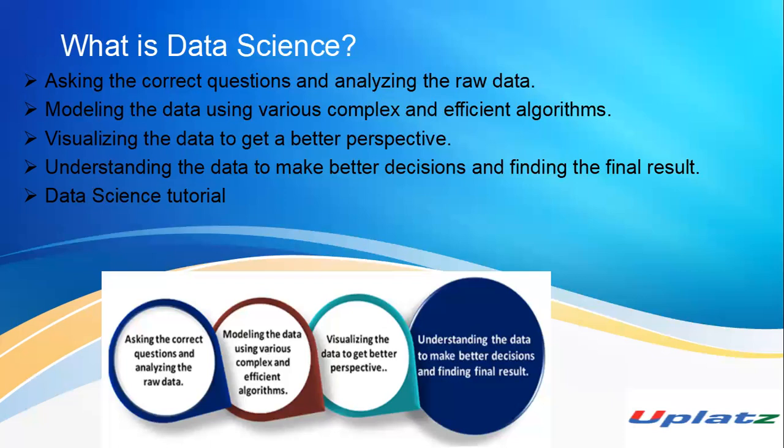Future of artificial intelligence. In short, we can say that data science is all about asking the correct questions and analyzing the raw data, modeling the data using various complex and efficient algorithms, visualizing the data to get a better perspective, understanding the data to make better decisions, and finding the final result.